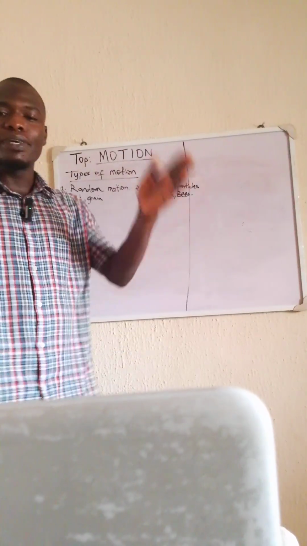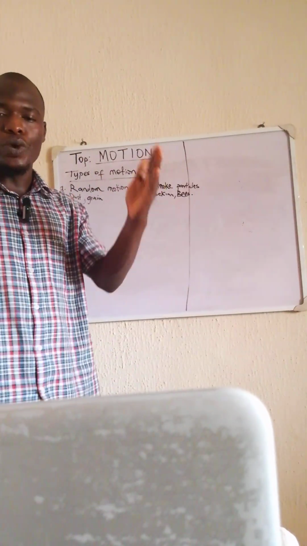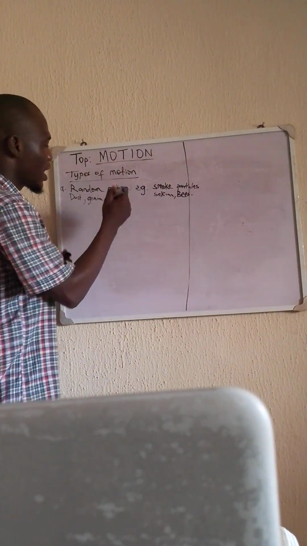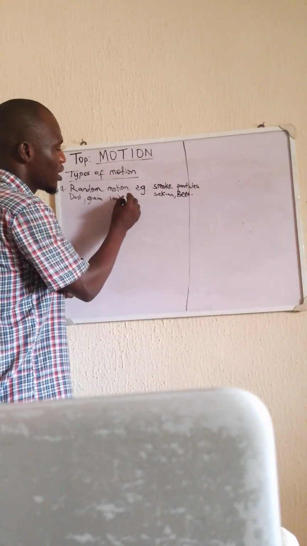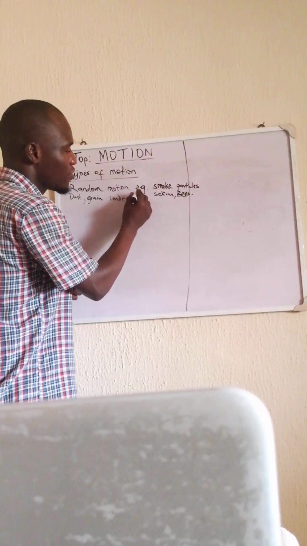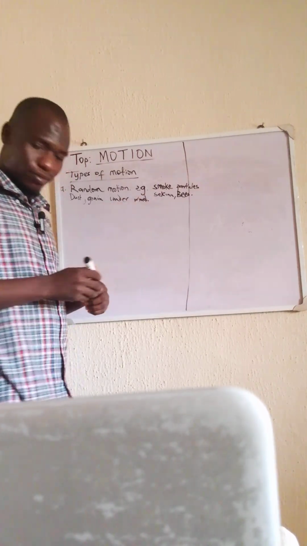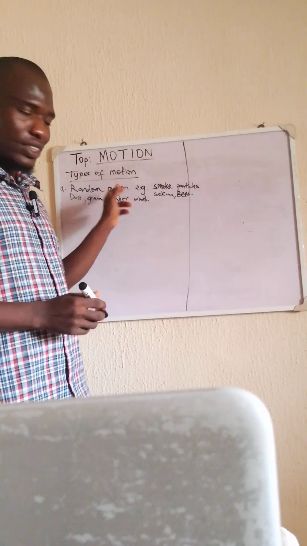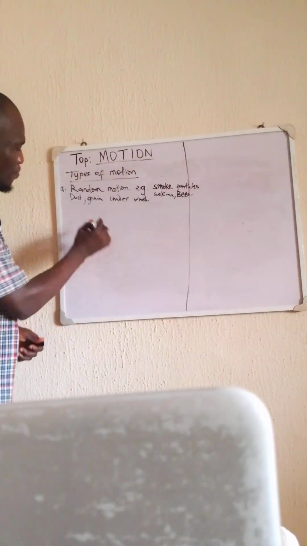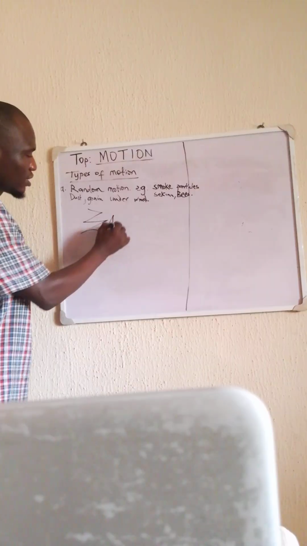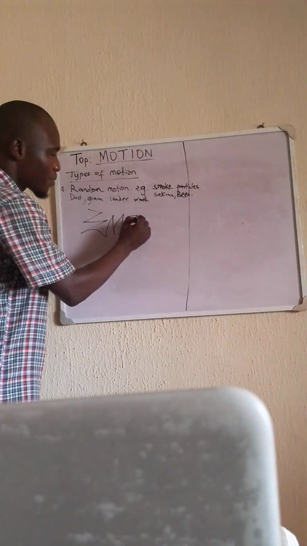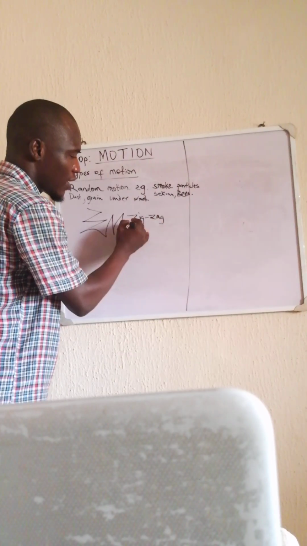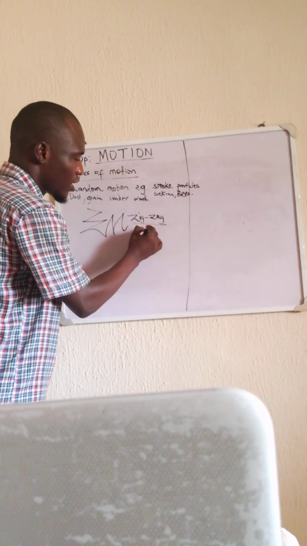Or flour that is being moved by wind, or dust grains being moved by wind. So all these things undergo random motion. So let us put it, for example, this is the path, zigzag. Any objects that undergo this type of zigzag path, we say they are doing random motion.